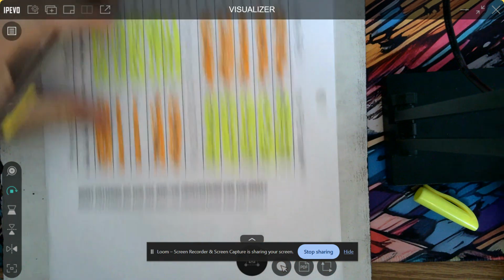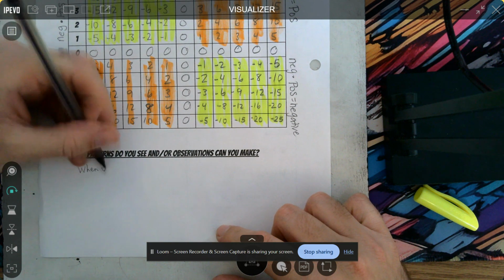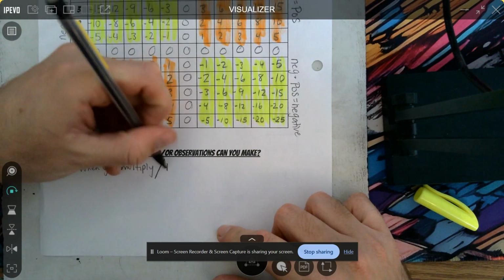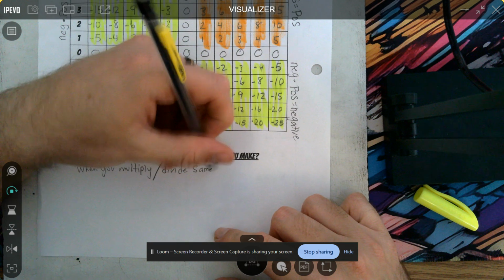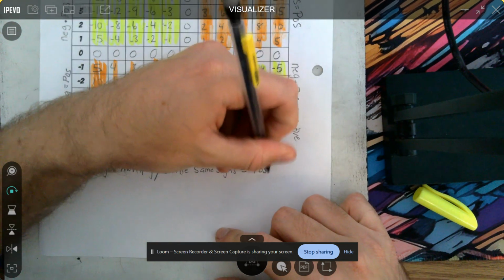So our rules are: when you multiply or divide same signs, you get a positive answer.